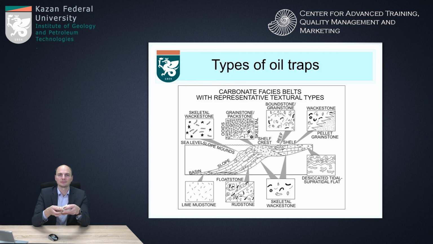Another type of oil trap is connected with the carbonate rocks. In our case, most of the carbonate rocks are actually of organic origin. That means they were all living organisms.